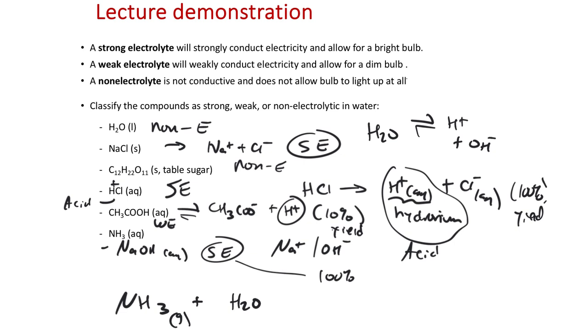You can see the ammonia solution is dimly lighting up a light bulb. And so that means that ammonia in water is behaving as a weak electrolyte. Not a strong electrolyte, not a non-electrolyte, but we can see that it's behaving as a weak electrolyte. And so the question would be, well, how can we explain that property?